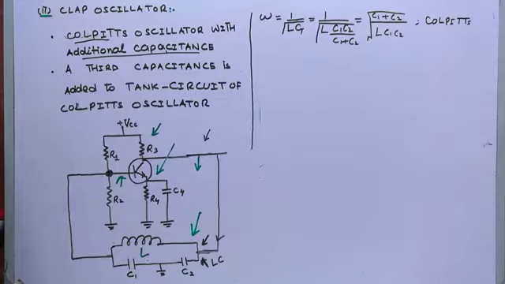C3 here. Now we add the third capacitance C3. So C3 is added in series with the inductor, so that C3 is smaller than C1 and C2.